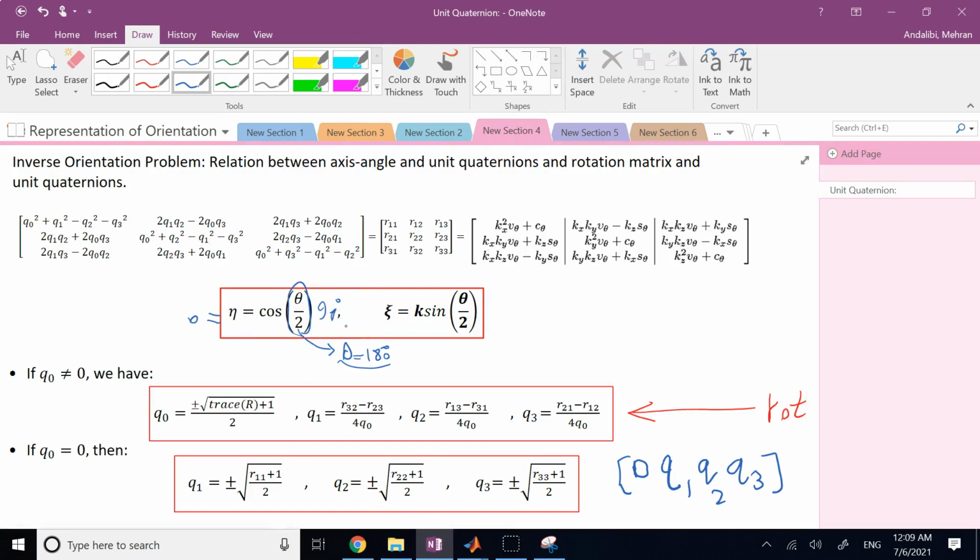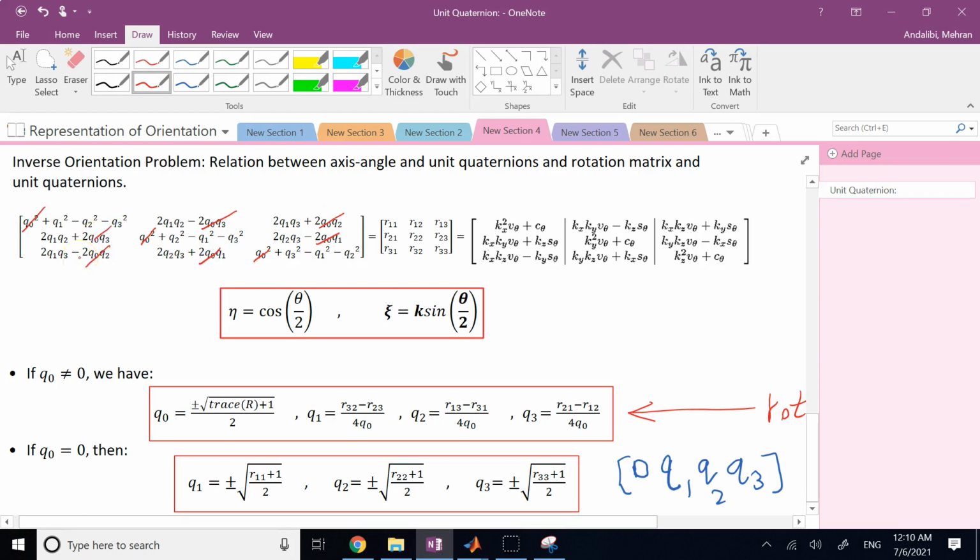Well, if theta happens to be 180, or your quaternion is of this form where q naught is 0, what's going to happen to your rotation matrix? So let's take a look. Anytime I see a q naught, I set it to 0, so this goes away here, here, here, here, here, here, and here.